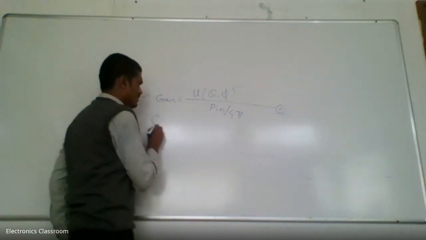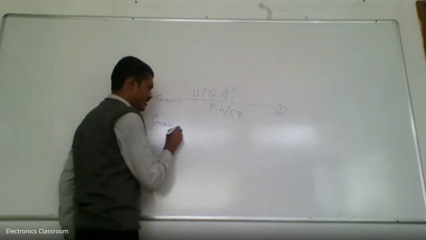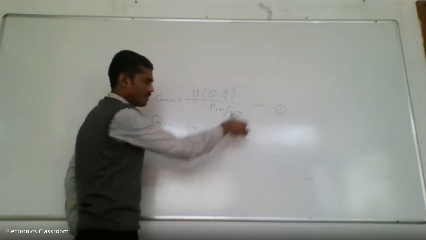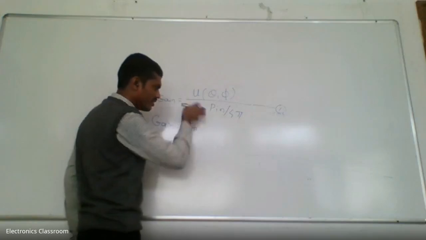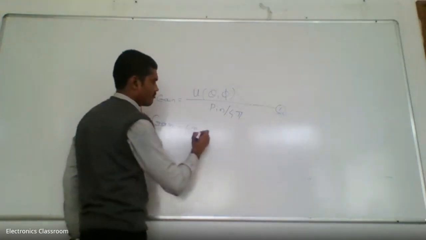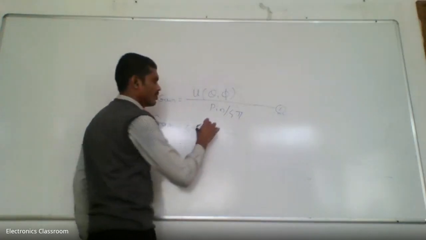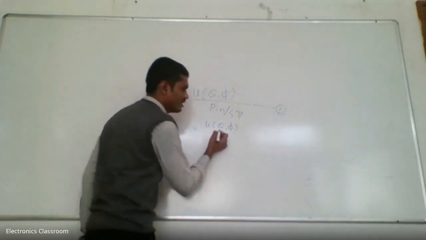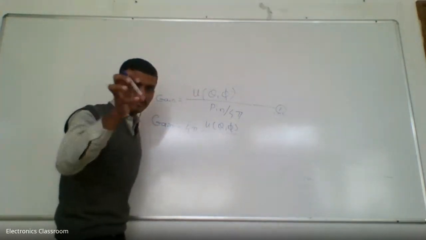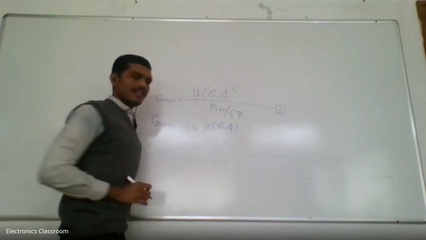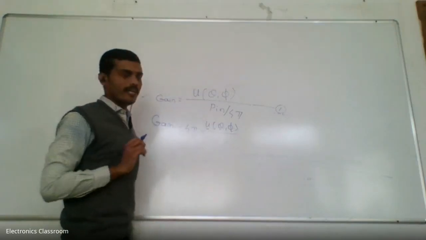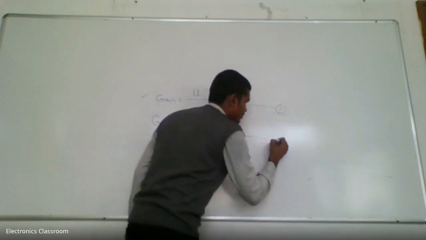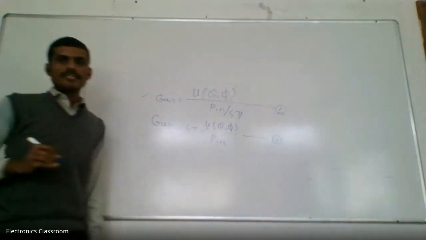This equation can be rewritten with the 4 pi moved from the denominator to the numerator: gain is equal to 4 pi into U of theta comma phi, where theta and phi are the two components of your radiation intensity, divided by P. This is your equation number 2.